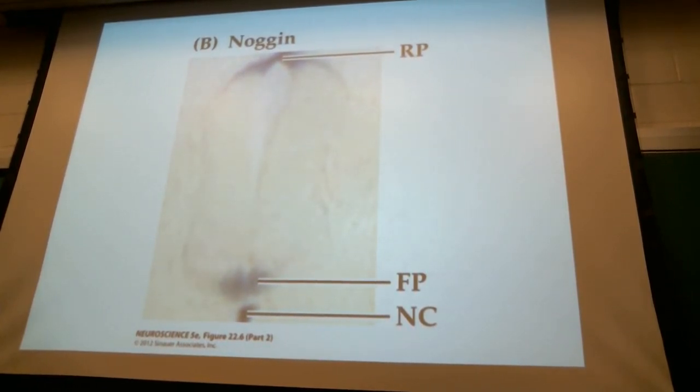And why do we need that? Well, as you can imagine, because from the name, bone morphogenic protein, BMP does not just create different neurons, but has a very important role for making different cells. It's a very strong morphogen.